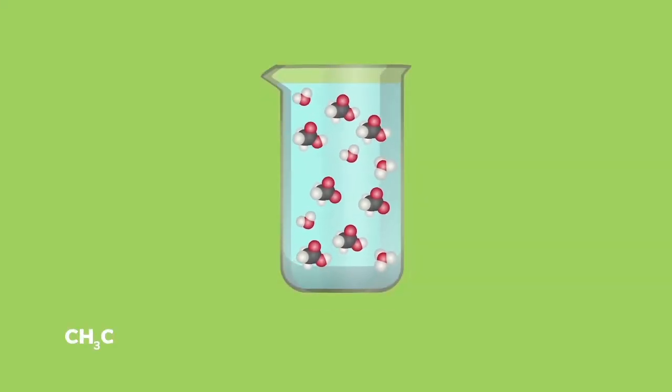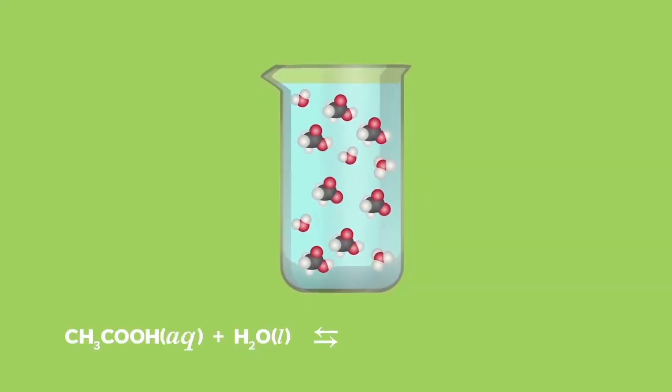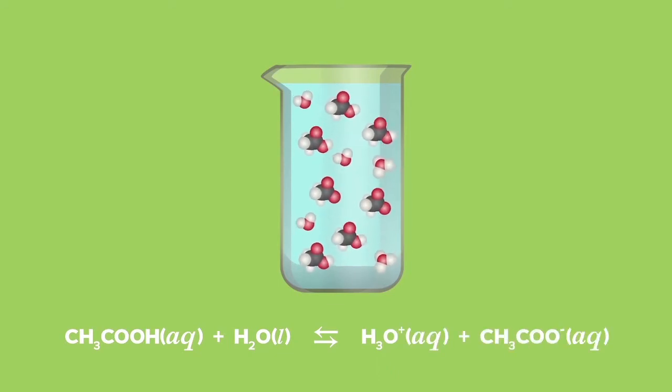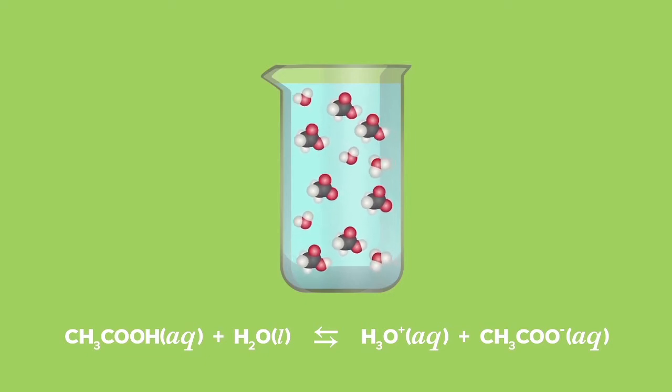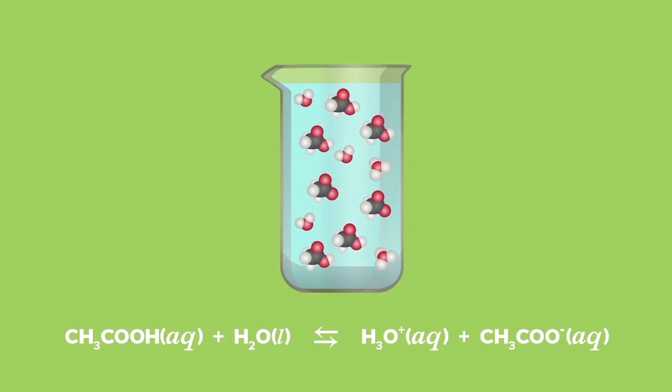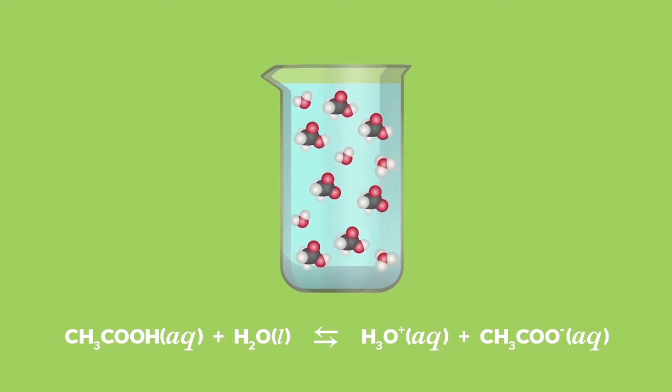Ethanoic acid ionizes partially in water. There is equilibrium with ethanoic acid molecules and its ions. Some of the ethanoic acid molecules form ions. The others remain as ethanoic acid molecules drifting in amongst the water molecules.